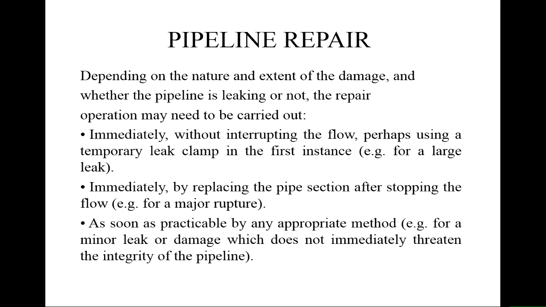So on both sides of the damage, connect this bypass. It could be by welding, and then you allow the flow of the product inside through this bypass, and then cut the section of the pipe out. That's one option, which is quite expensive.